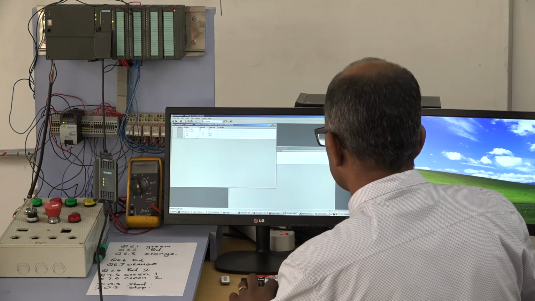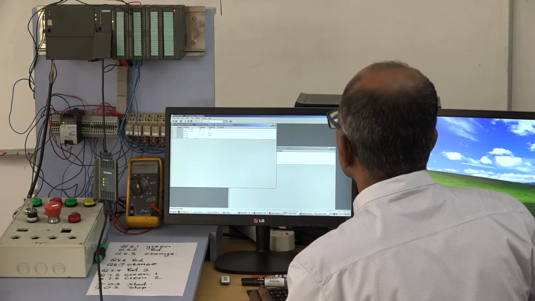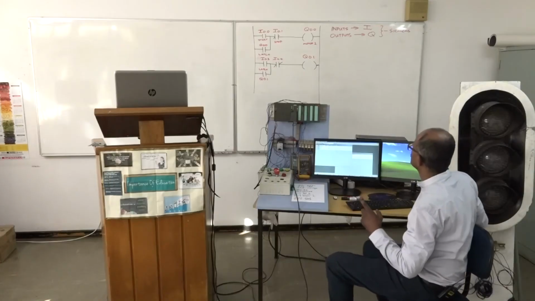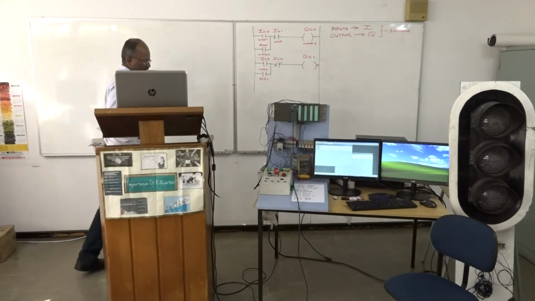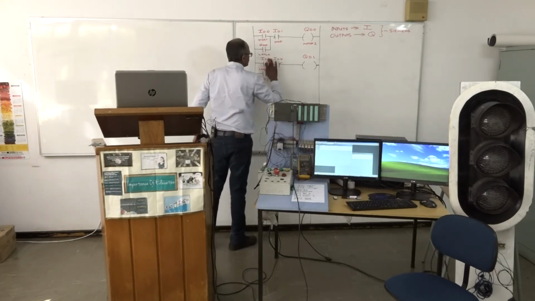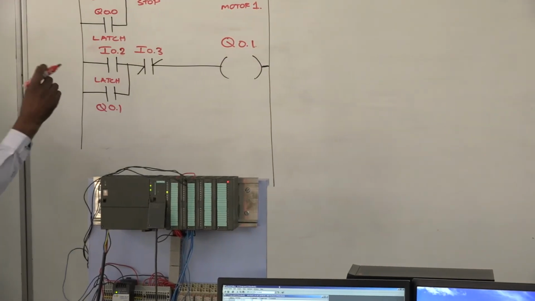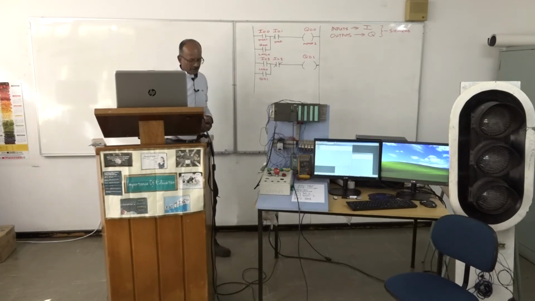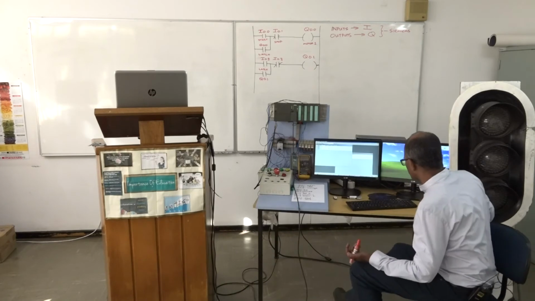M2 start, I0.2 and 0.3, I think we call them. Correction there, I think we call these 0.2 and 0.3 because we use the first 4 inputs: 00, 01, 02, 03.